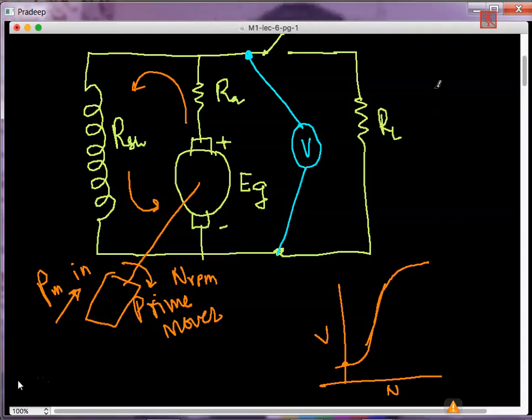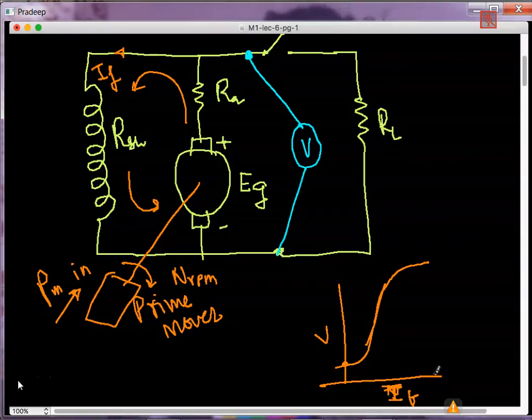Actually, one thing here: this is not speed, this is the field current, IF. This current is called IF, field current. All the time it is rotating at the same RPM, but the voltage is increasing. That is the OCC characteristic.